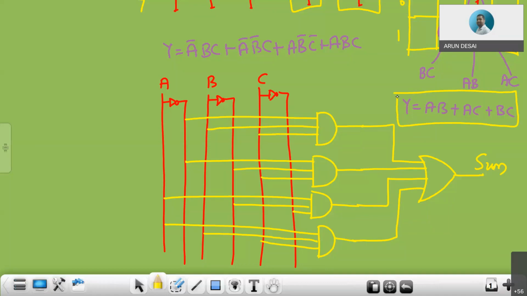Try to draw the circuit for this expression. Okay, is the drawing done?